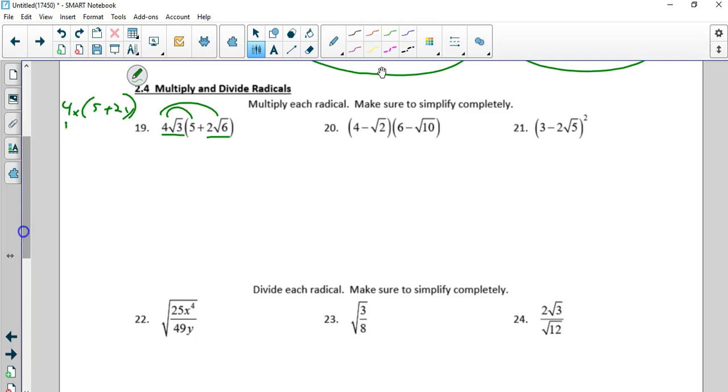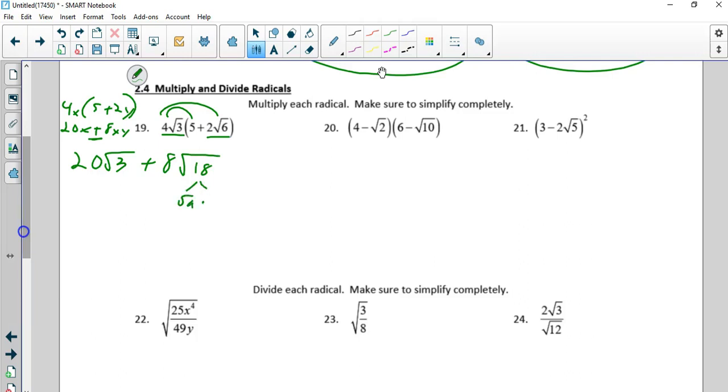If we did that, we'd get 20x plus 8xy. Well, similar idea. 4 times 5 is 20, but instead of x is radical 3. Now we're going to do outie, any. Plus, like here, 4 times 2 is 8, and on the inside, 6 and 3, 18.